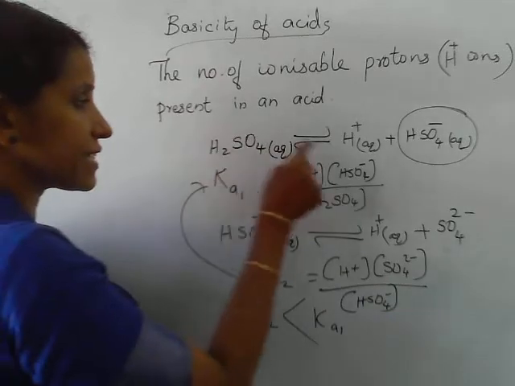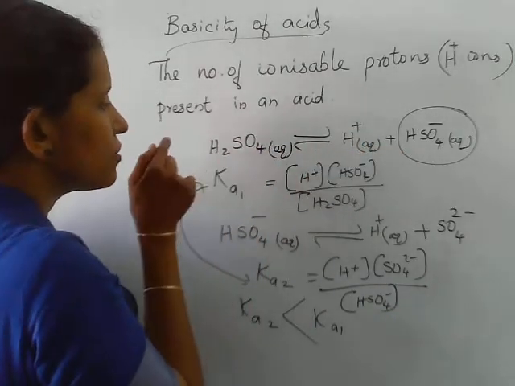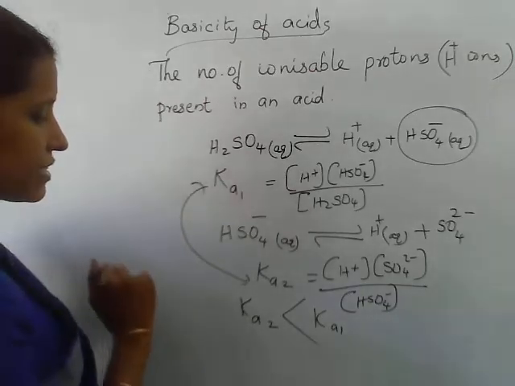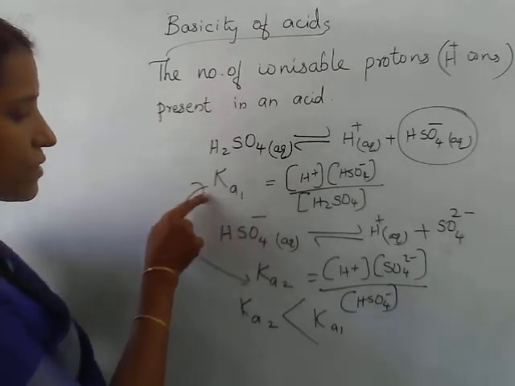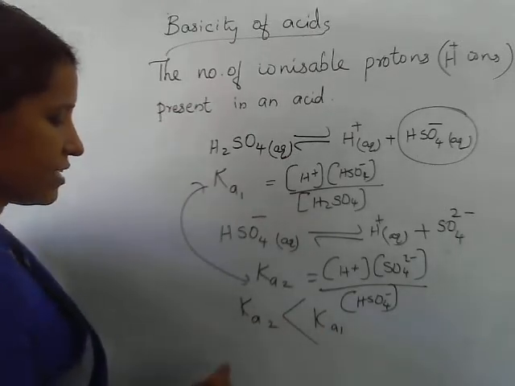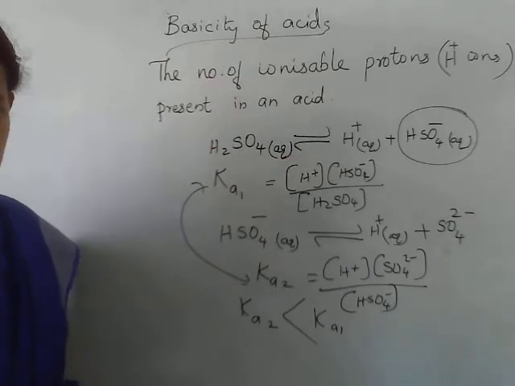So the first ionization process is easy. More degree of ionization will be in the case of first ionization of sulfuric acid. Hence, the first ionization constant of sulfuric acid will always be greater than the second ionization constant.